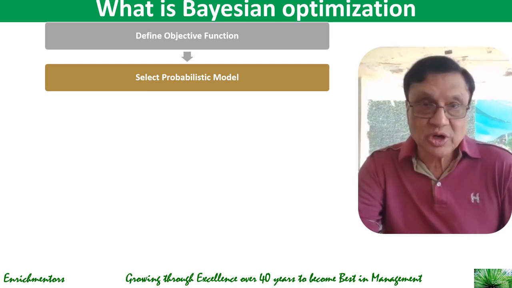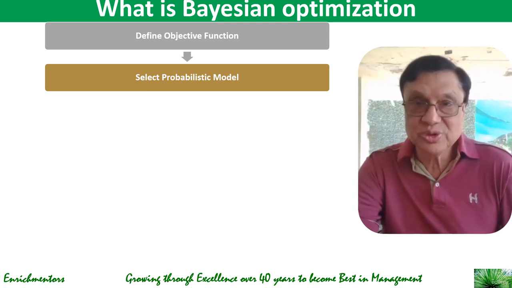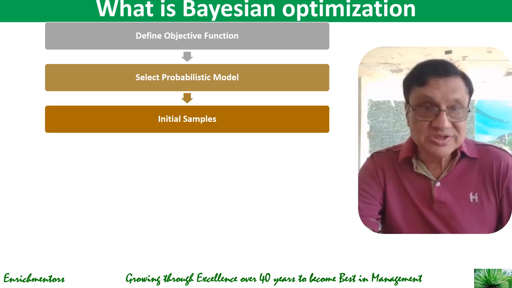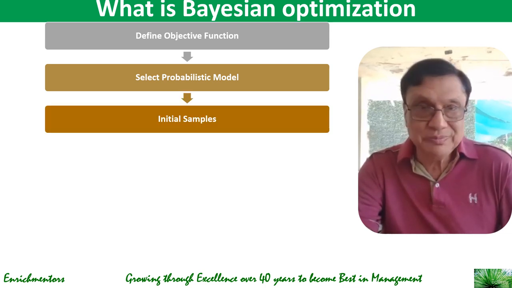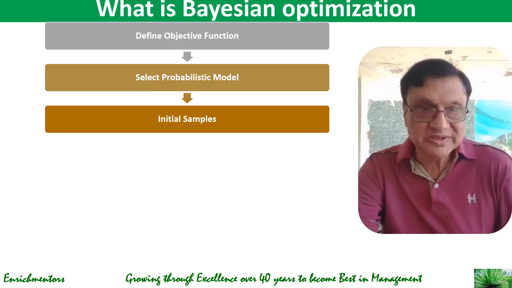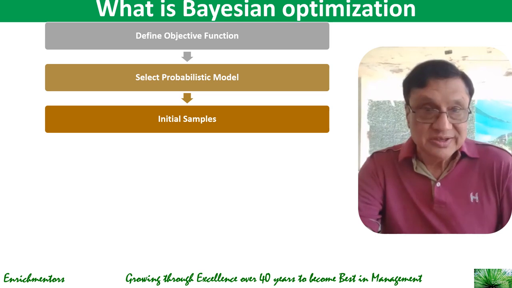Gaussian processes are commonly used as the probabilistic model in Bayesian optimization due to their ability to model complex nonlinear relationships and provide uncertainty estimates. Then you select a small number of initial samples of hyperparameters and evaluate the objective function to obtain performance metrics.